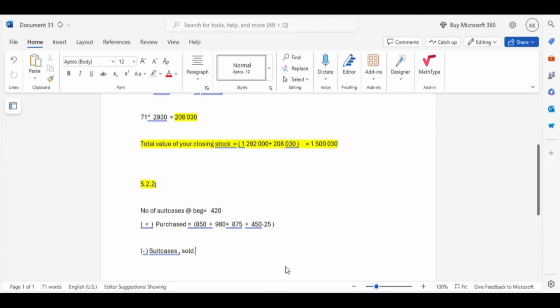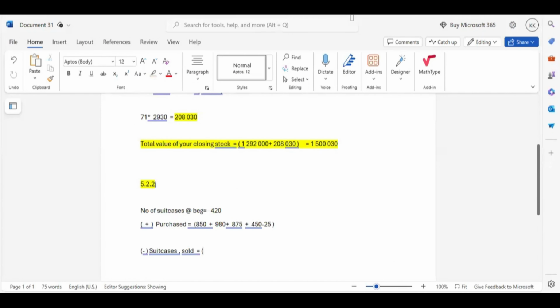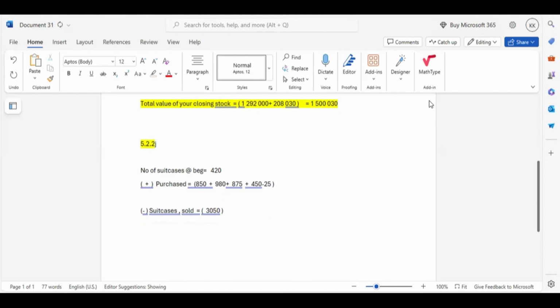Now, based on this information, it says that we sold 3,050 suitcases. So minus 3,050 suitcases. So at the end of the year, we expect that the number of suitcases that we have should amount to 500 suitcases.